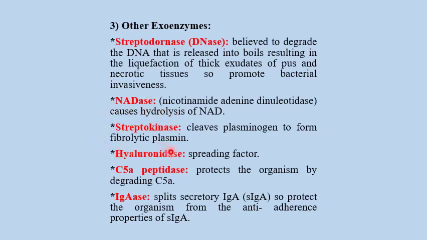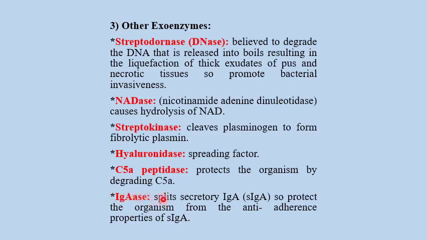Hyaluronidase, we spoke about it before, is a spreading factor that breaks down hyaluronic acid, causing lysis of the hyaluronic acid in connective tissue, so it helps spread the organism in the tissues. Complement C5a peptidase protects the organism by degrading complement C5a. Immunoglobulin A ases: the suffix -ase means to destroy or to cause lysis.